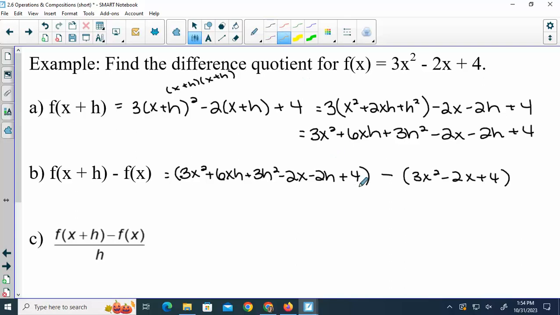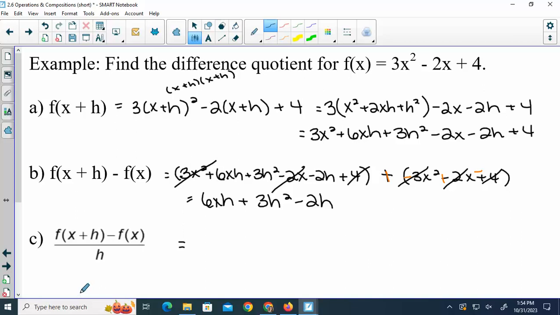So if we distribute the negative, the 3x squareds cancel, 2x cancels, and 4 cancels. So we get 6xh plus 3h squared minus 2h.